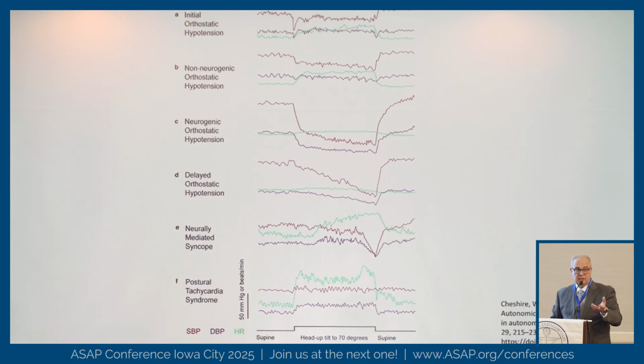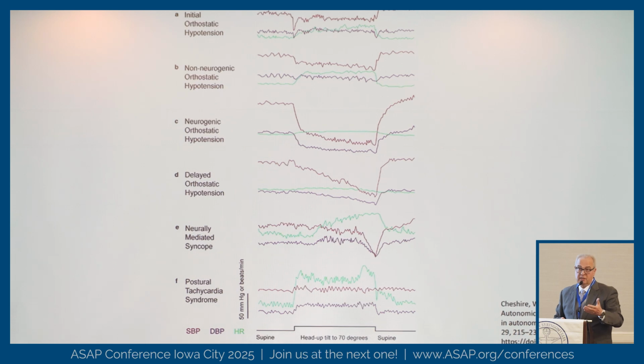An adequate increase in the heart rate is defined by the American Autonomic Society and the American Association of Cardiology as an increase in your heart rate by 1 beat for every 2 millimeter drop. So if you drop 20 millimeters and your heart rate increases by more than 10 beats, that's considered adequate compensatory tachycardia. If you drop by 20 millimeters and your heart rate goes up 5 beats, this is inadequate.